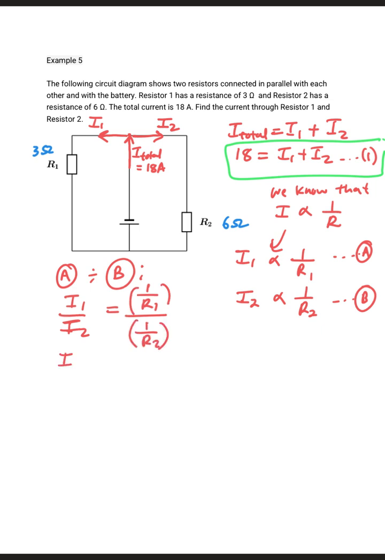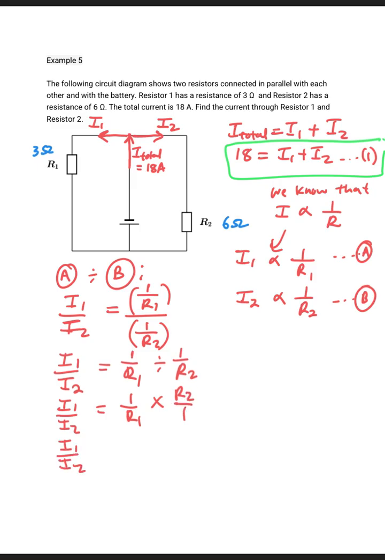And then when we change the division into multiplication, we'll have R2 over R1, so I1 over I2 is equal to R2 over R1.